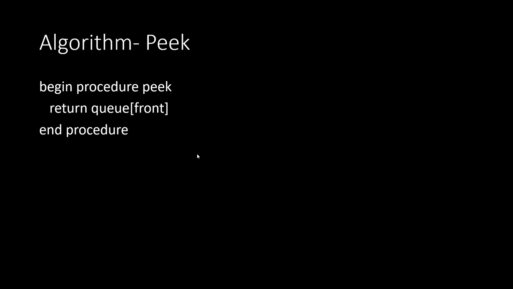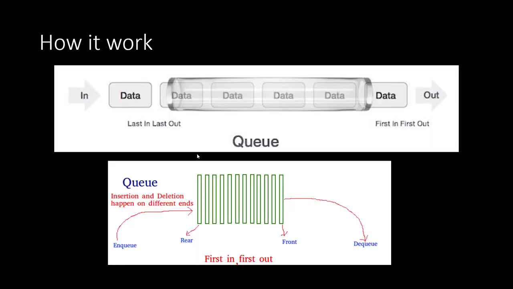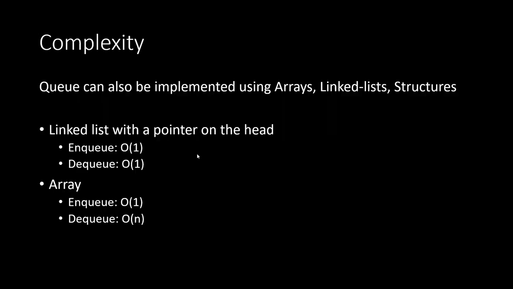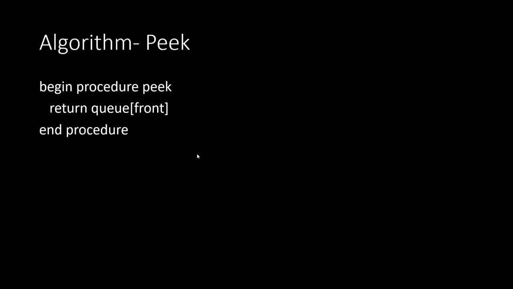And that first element is taken care of by front, and hence we are returning front. So return queue, where queue has all the members. If we take the index of front, it will give us the rightmost element in the queue, or you can say the first element that came in the queue. So that is about getting peek.